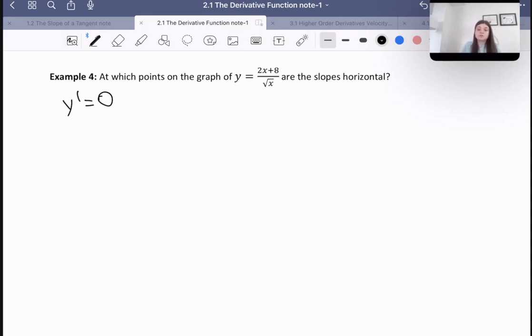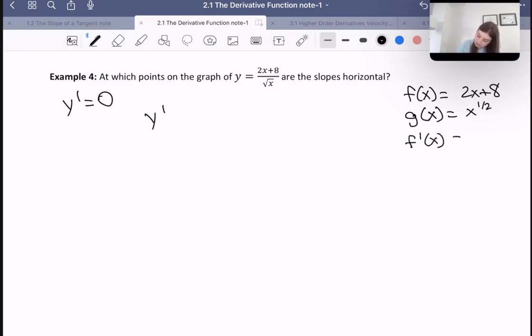Now, what else is y prime equal to according to our quotient rule? Well, in this case, f of x is equal to 2x plus 8, and g of x is equal to root x, which is the same as x to the power of a half. So our derivative of f of x is 2, and our derivative of g of x is equal to a half x to the negative a half, like that.